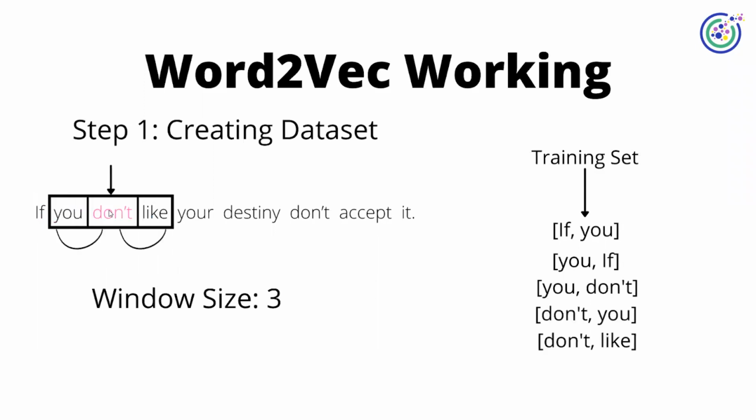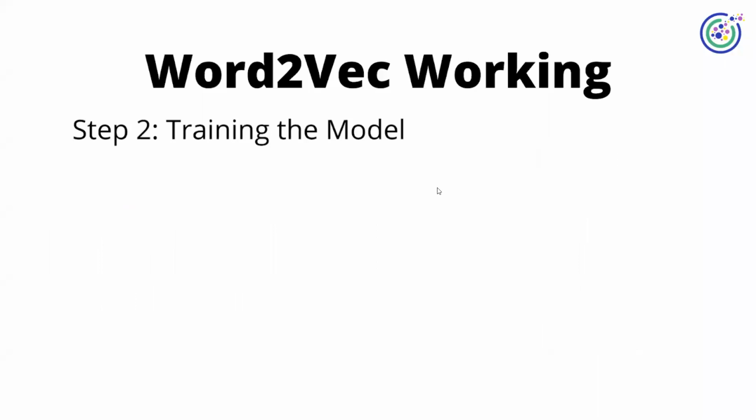Next, you go over don't. In the neighborhood of don't, you and like occur. That's how you make the training set: you traverse over the whole sentence and keep adding to the training set, and that's how you get the data that you want to train over.